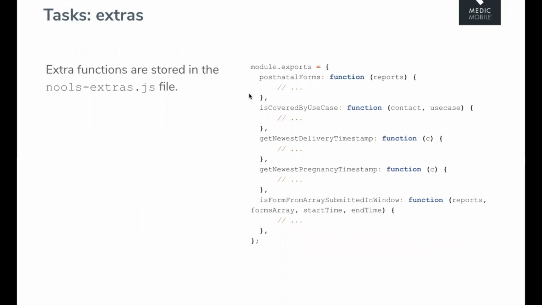It will have your definition for the different functions, your postnatal forms, your is covered by use case, and things like is form from array submitted in window. And within each, you would put the function conditions and the like.